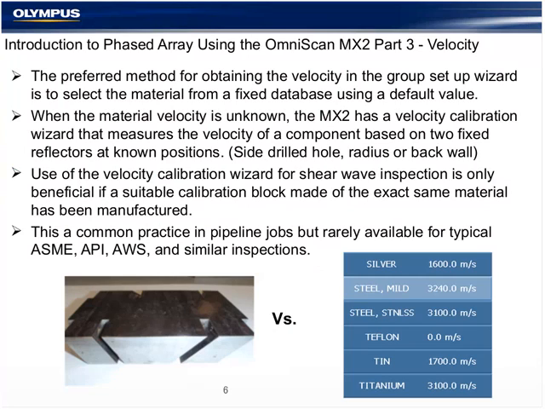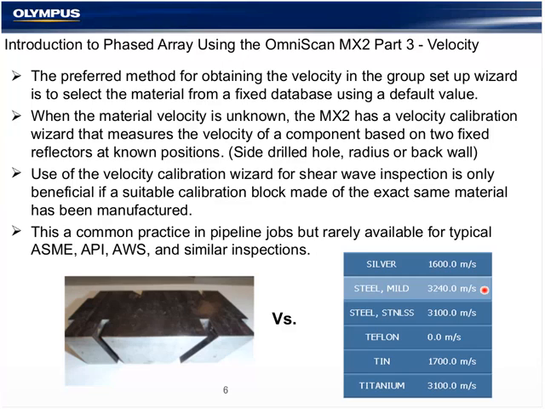The preferred method of obtaining the velocity in a group setup wizard is to select the material from a fixed database using the default value. In other words, the preferred method, the overall most accurate way of obtaining your angle is normally achieved by selecting the velocity directly from the database.